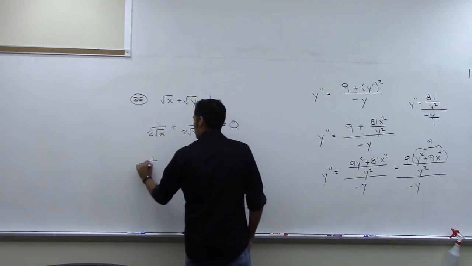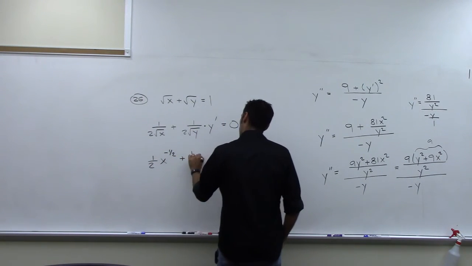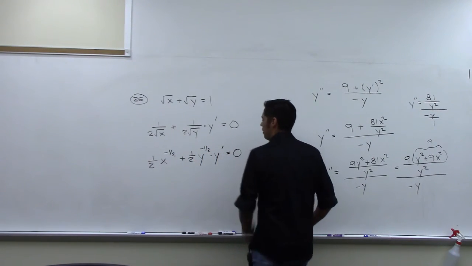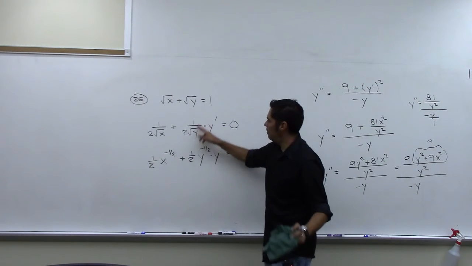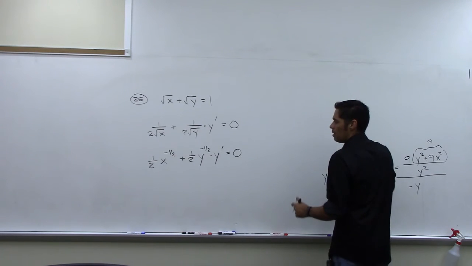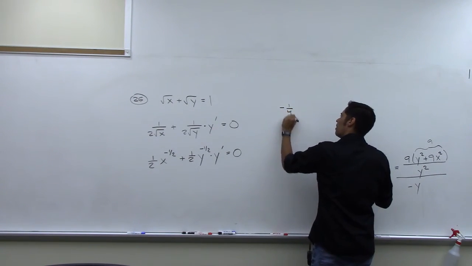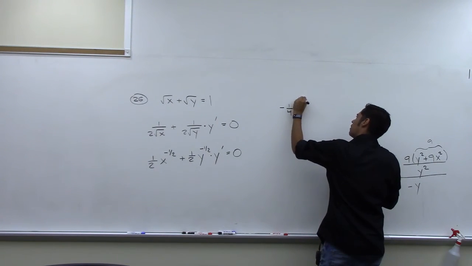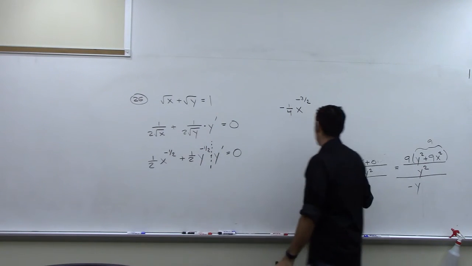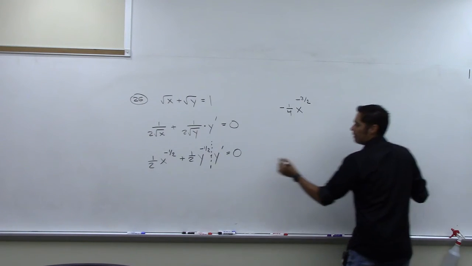So let me rewrite this back with powers. Let's do it that way. I just brought these things up as rational exponents. Now when I take my derivative again, the negative 1/2 comes out. I get negative 1/4 x to the negative 3/2. And then when I do derivative here, I have a product rule. So I do derivative of the first one. Be real careful here. Derivative of the first one, the negative 1/2 drops out.